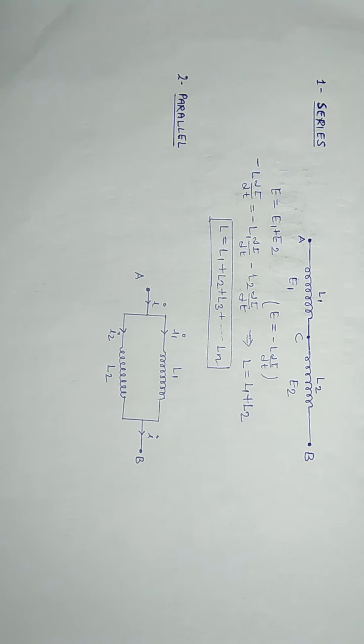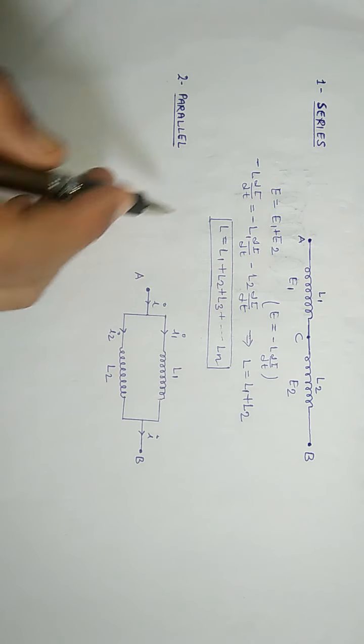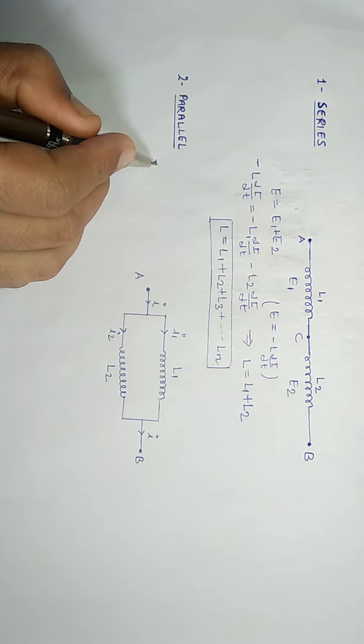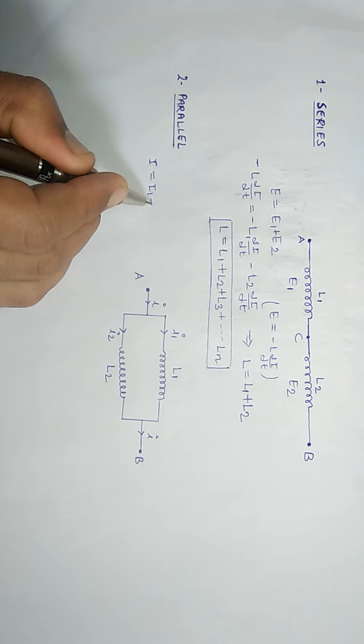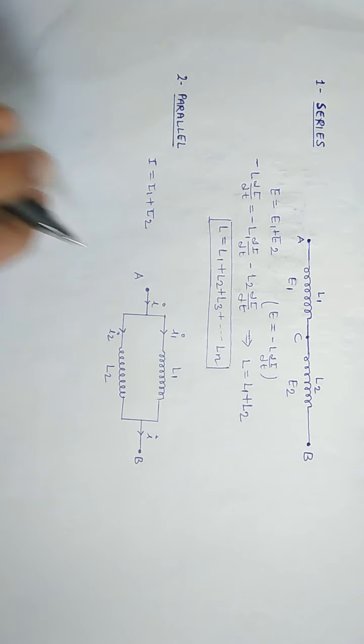If I is the total current and I1 and I2 are the currents through L1 and L2, then I will be equal to I1 plus I2.